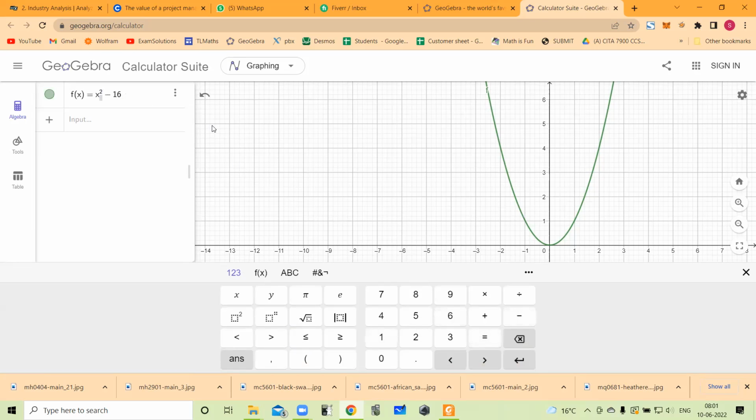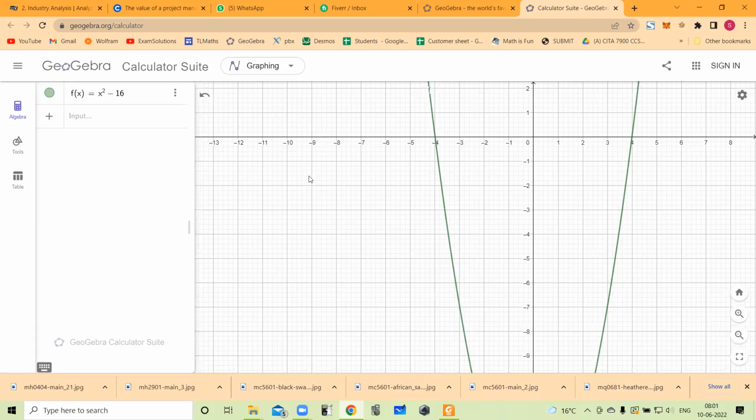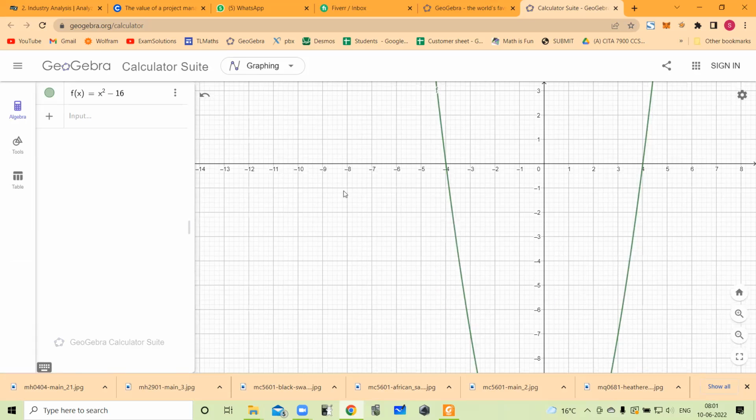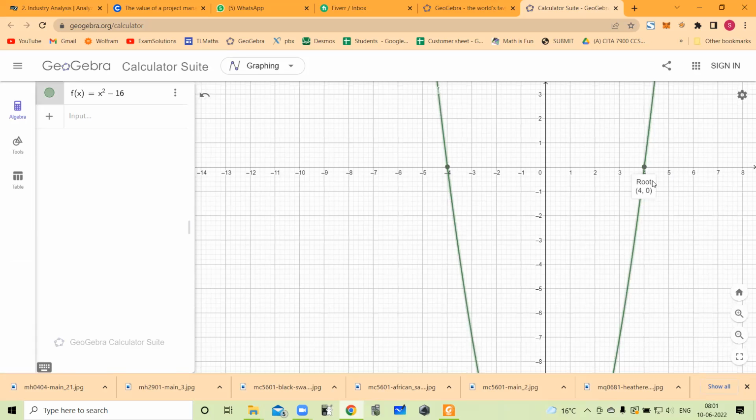So here it is having two solutions, negative 4 and 4, right?